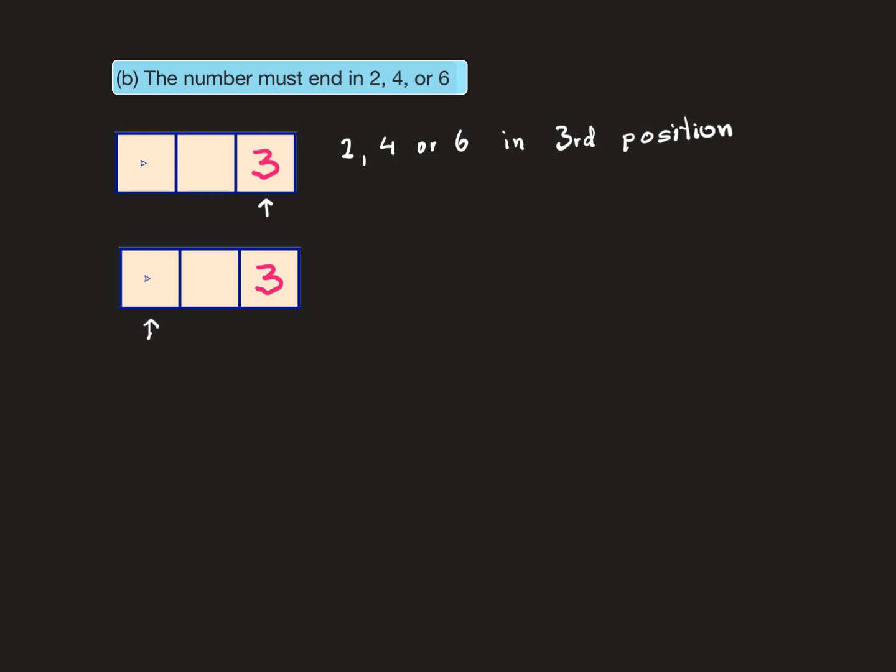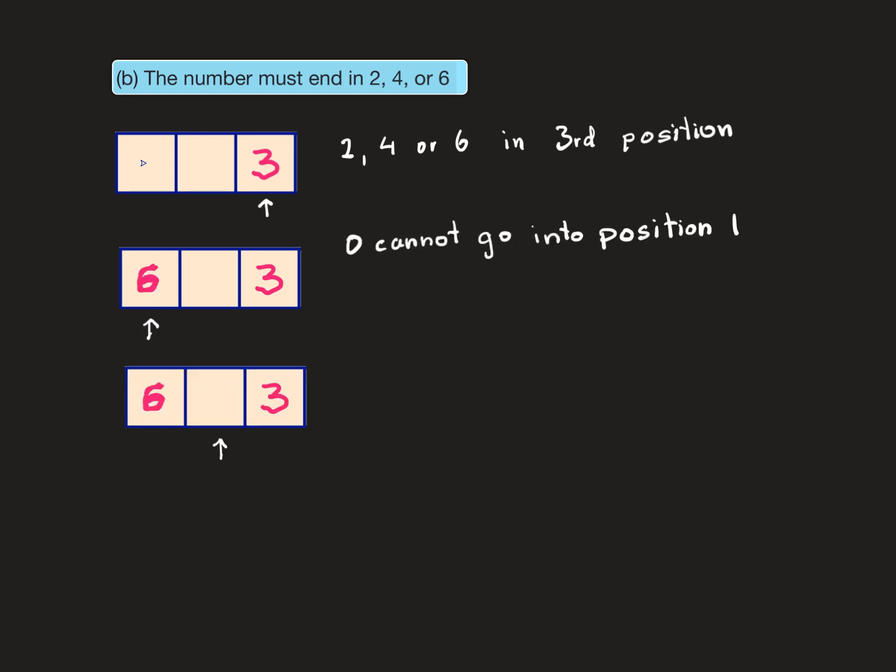We've already used one digit, one of the 2, 4 and 6, in the third position, and we know we cannot use 0 in the first position, so what we really have is 6 digits left. And here 0 can be used plus any of the 5 remaining digits.